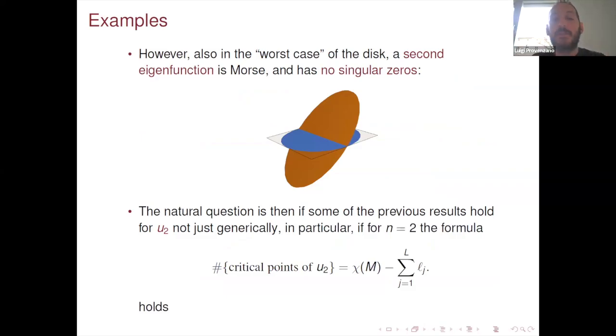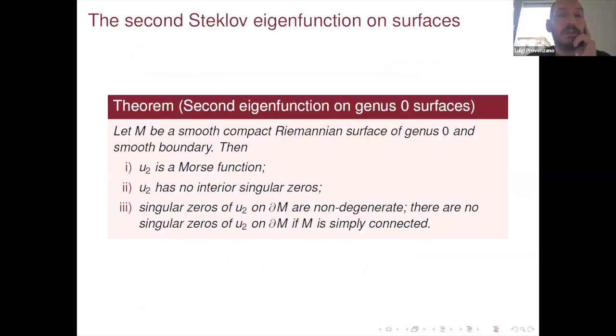In particular, whether the formula for the counting of the critical points of the second eigenfunction, the one with the Euler characteristic and the number of sign changes, still holds, but not generically, for any metric. Okay. So this is what we have tried to figure out, to establish something that is not generic.